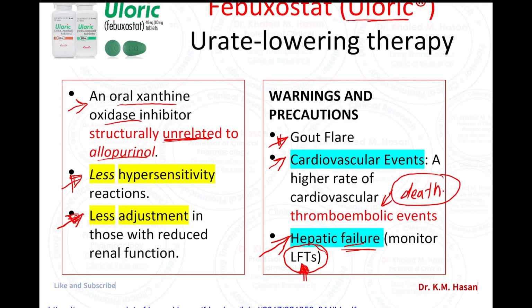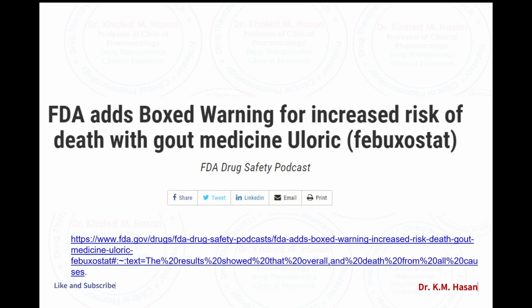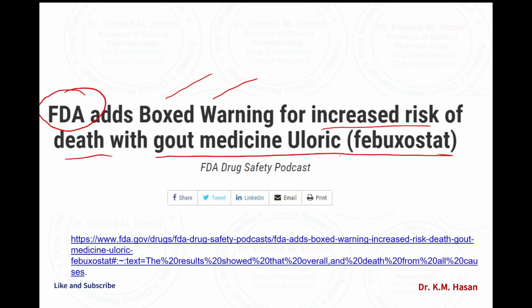Febuxostat. Okay, we can see here the FDA black box warning: increased risk of death with the gout medicine febuxostat, and we can click on the link here and read information about that.